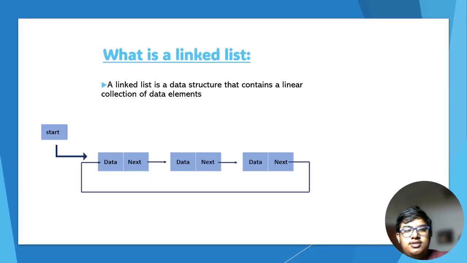So let's now know what is a linked list. A linked list is a data structure that contains a linear collection of data elements. Unlike lists, here there is no block representation. In list, all the blocks are connected, unlike this here. In linked list, the blocks are divided into two types.